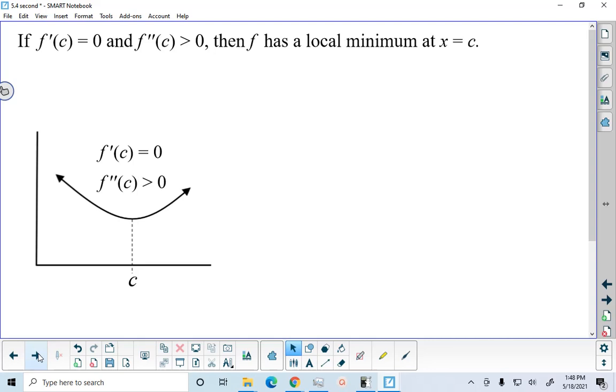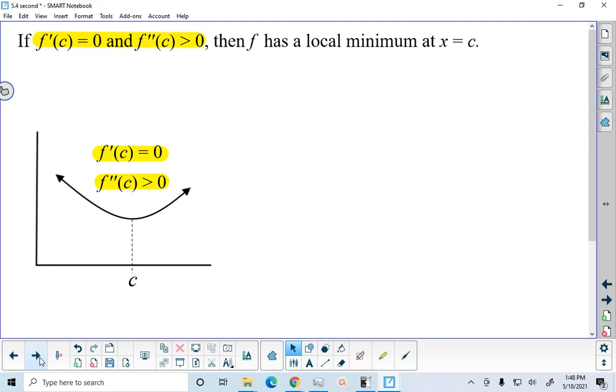This is one of the reasons why we did that warm-up, is so that you can identify whether derivatives or second derivatives are positive, 0, or negative. So look at what we're saying. The slope of the tangent here is 0, and it's concave up. How on earth could you draw a graph that has a slope of a tangent of 0 at a point and concave up unless you drew it that way?